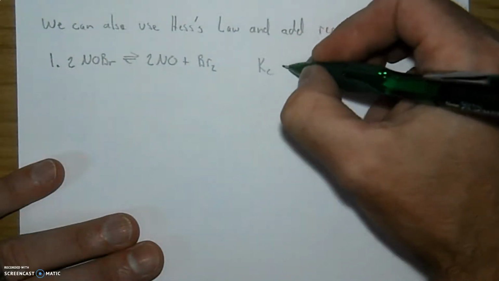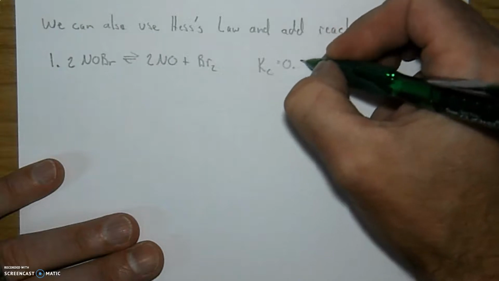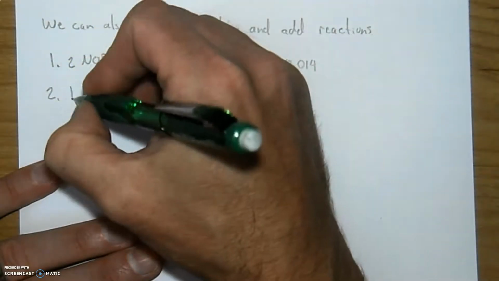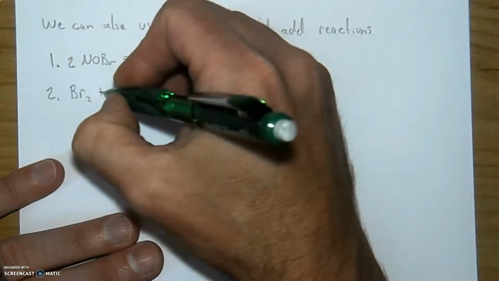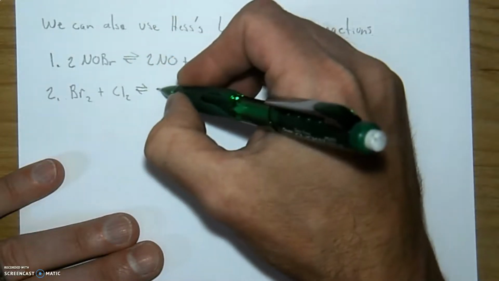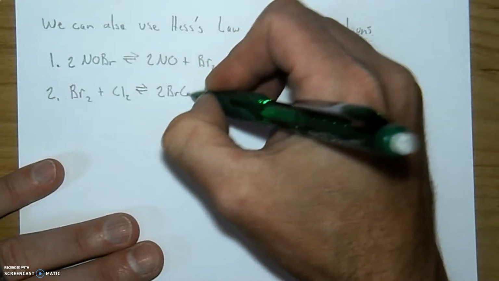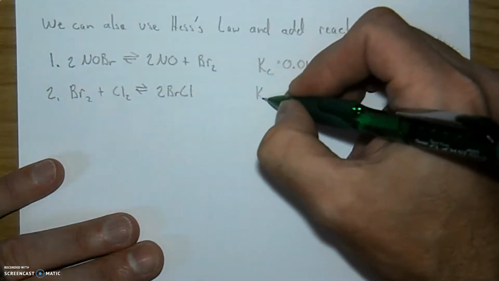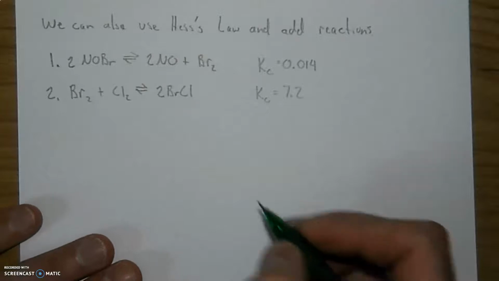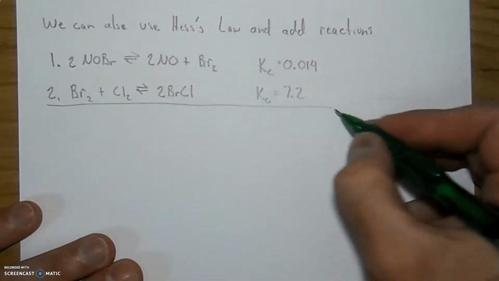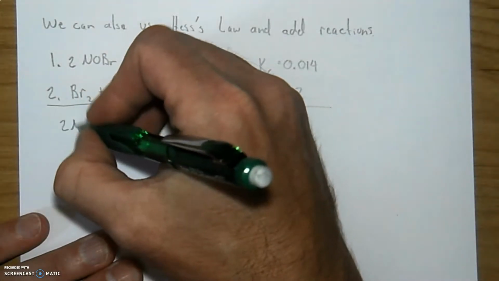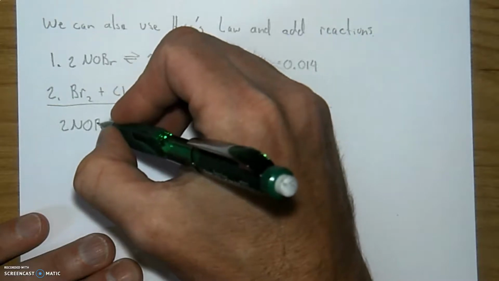It has a K value. I have a second equation, Br2 plus Cl2 producing 2 BrCl. So again, we can add equations together. And if we do so, looking at stuff that we have here, some things cancel out. Ultimately, what we end up with for this reaction is this.